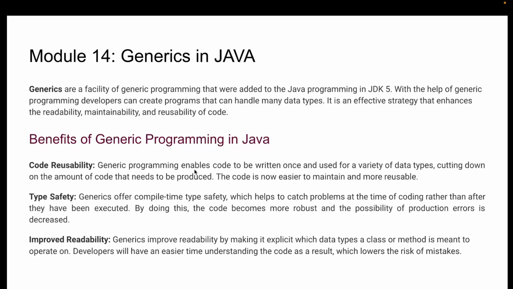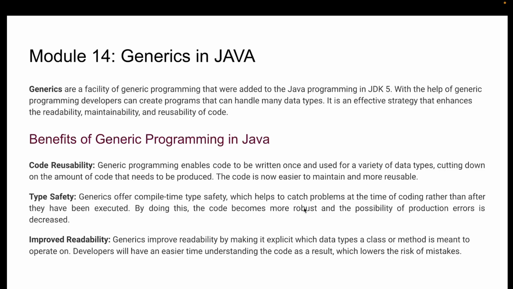Generic programming enables code to be written once and used for a variety of data types, cutting down on the amount of code that needs to be produced. The code is now easier to maintain and more reusable. Once you write the code, you can use it for a lot of data types.